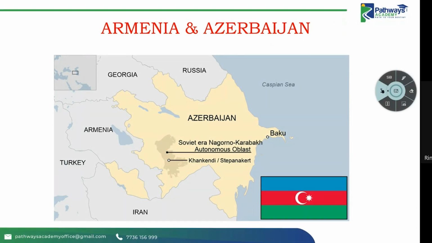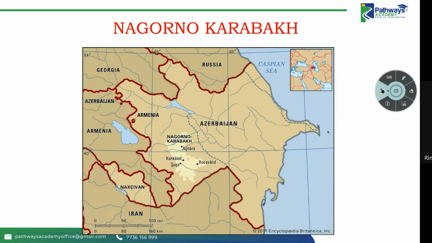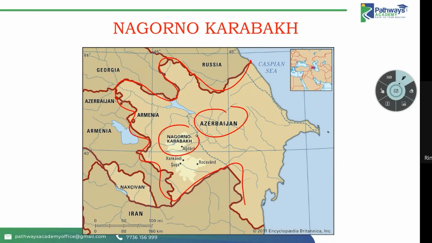I will show you the picture of Nagorno Karabakh here. You can see this is Azerbaijan. In this Azerbaijan, there is a small territory that is known as Nagorno Karabakh. Actually, Nagorno Karabakh is a region which is occupied by Armenian people.